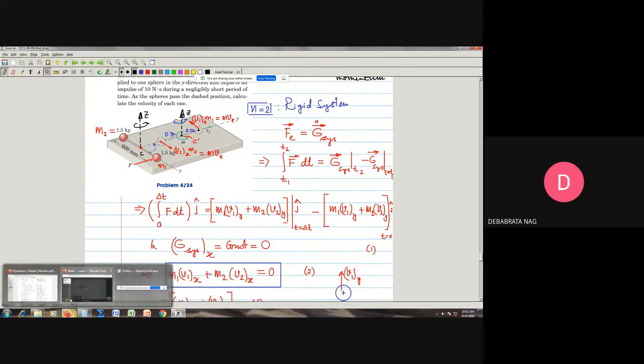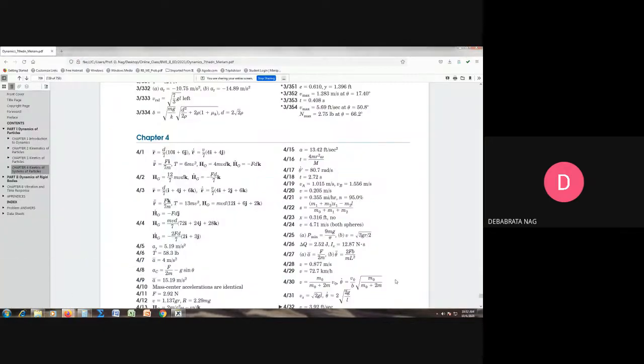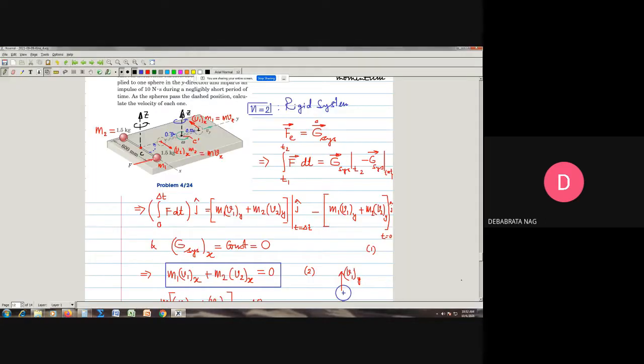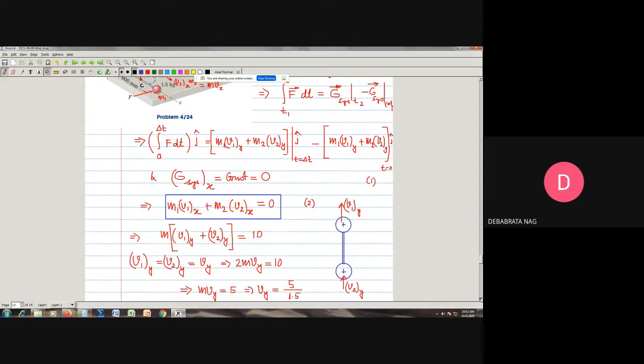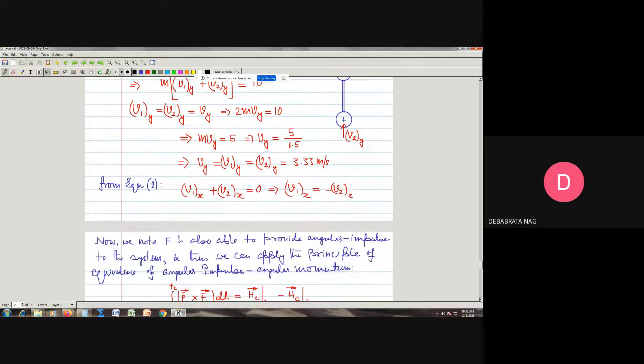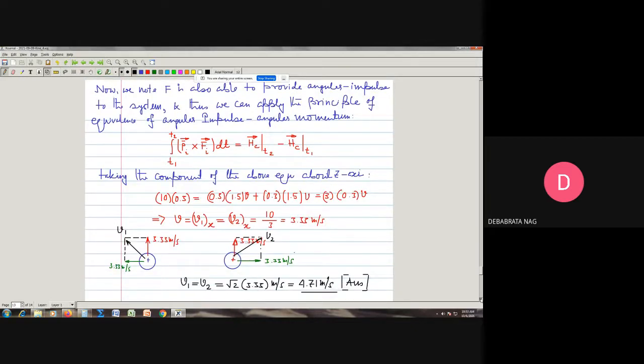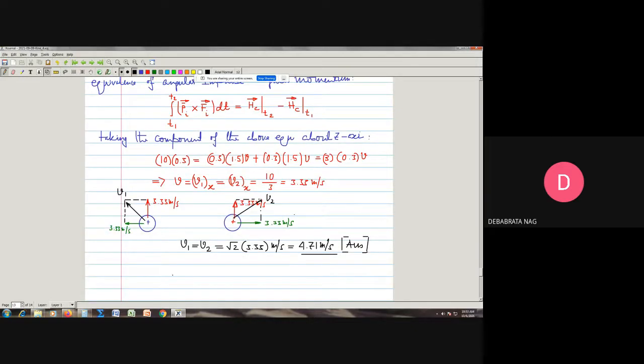So if we see this 4 by 24, open this and we see 4.71 meter per second for both spheres, and our answer turns out to be exactly 4.71 meter per second. So that is the velocities of the two spheres that we are having.